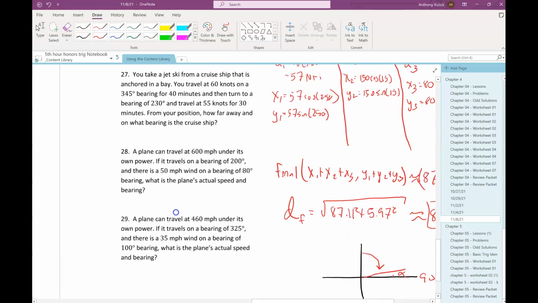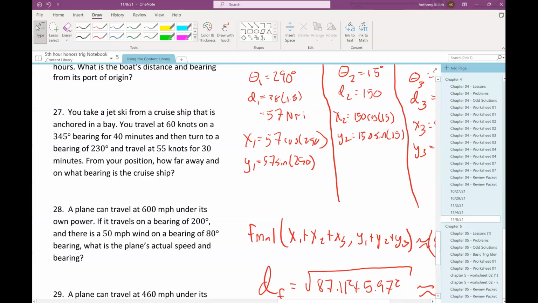Hold on, let me read it real quick. You would use like 2/3 of an hour and half an hour, because knots are in nautical miles per hour. So if you wanted the distance, you need to multiply it by hours and not minutes. So it's just like a little unit conversion on top of it, but nothing substantial. Yeah, no problem.